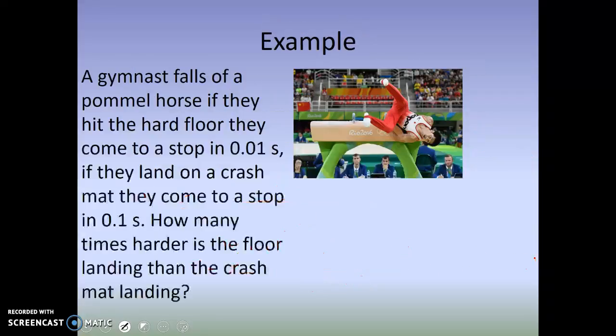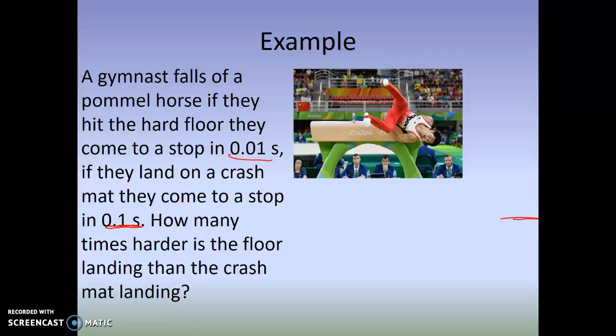Okay, another example. A gymnast falls off a pommel horse. They hit the hard floor and come to a stop in 0.01 seconds. If they land on a crash mat, they come to a stop in 0.1 seconds. How many times harder is the floor landing than the crash mat landing? We don't have a momentum here, we've just got a time.